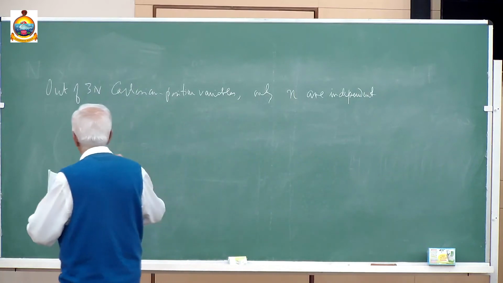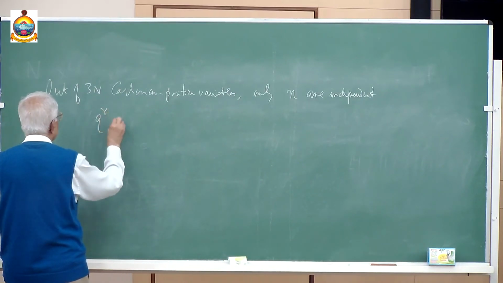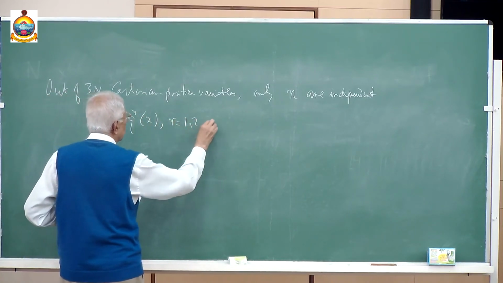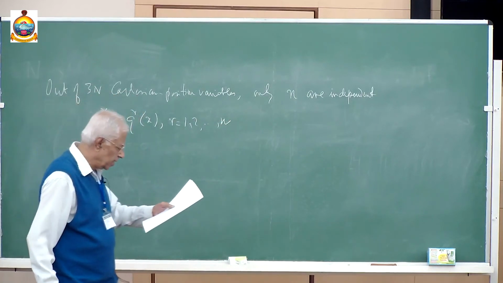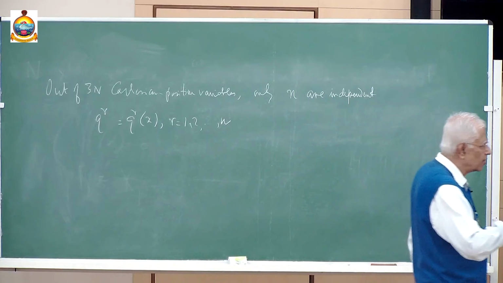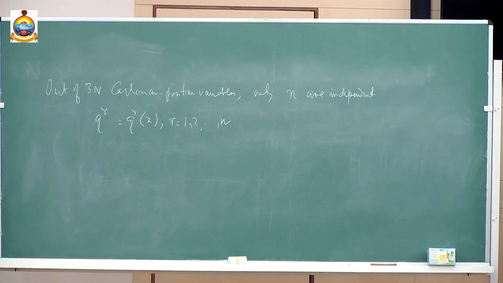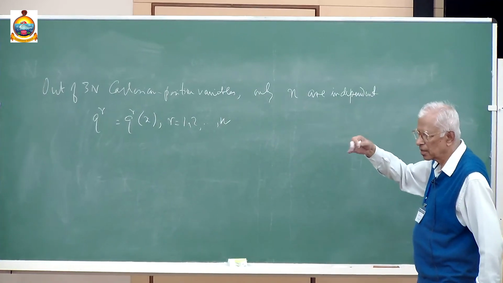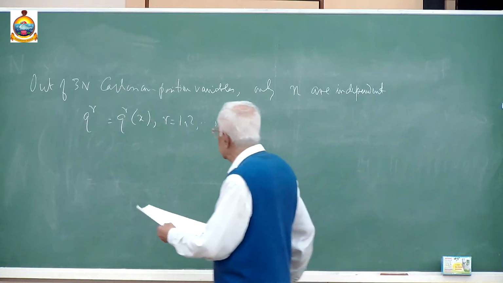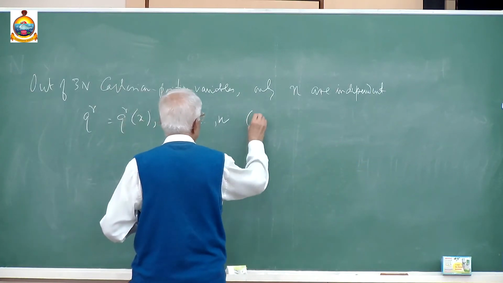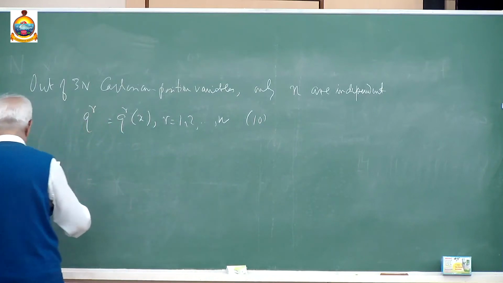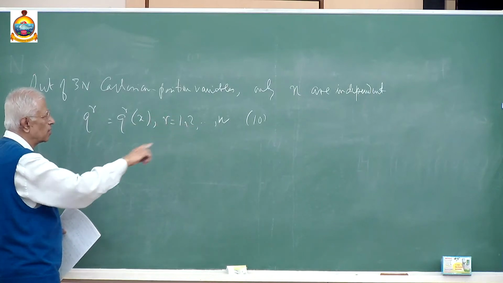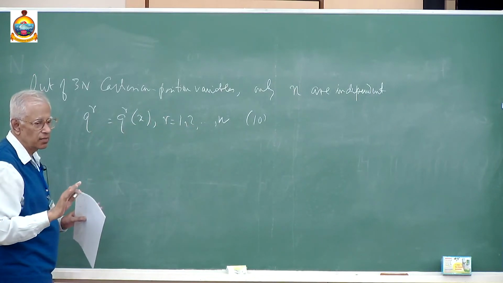So the recipe is the following. Choose a suitable number of independent functions called q of the Cartesian variables, matching the number of independent variables you expect, such that, so this is my equation 10, such that along with the constraint conditions phi equal to 0, all x's are determined.